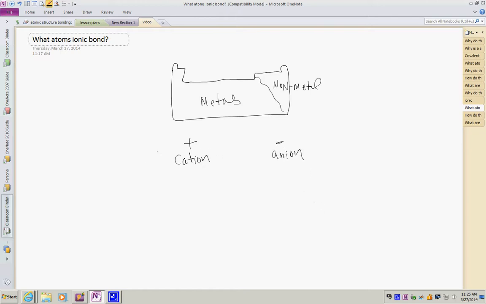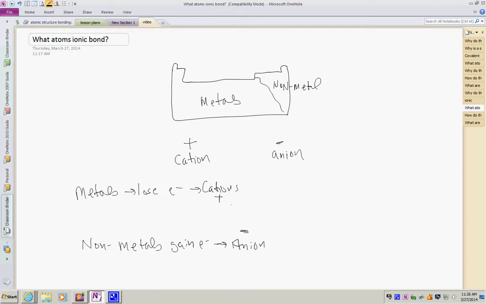However they happen to become positive or negative may not matter at some point, but you should be aware that metals tend to lose electrons to form cations, and nonmetals gain electrons to form anions.